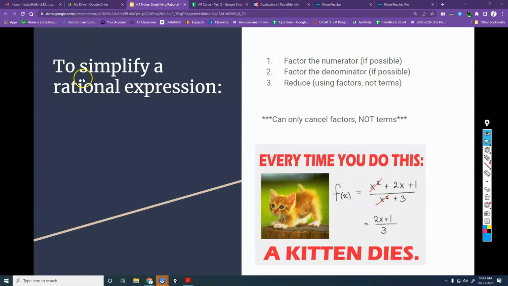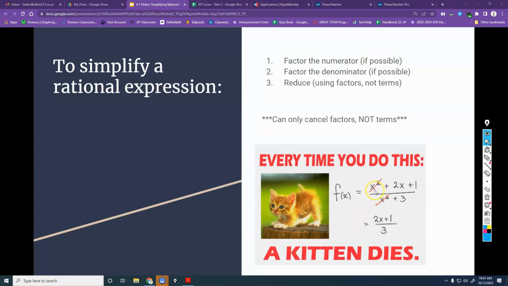So when you are going to simplify a rational expression, which is what we're doing today, you're going to factor the numerator if it's possible. You're going to factor the denominator if it's possible, and you're going to reduce using the factors, not the terms. So if something is on the top and the bottom, we can cancel those out as long as those things are being multiplied by each other.